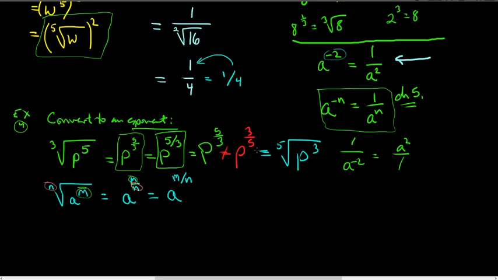So p to the 3 over 5 is really the fifth root of p to the 3, which is not the same as the cube root of p to the 5. So yes, be careful you don't flip your fraction, because that would be essentially switching the m and the n around. You don't want to switch these around, because usually that gives you something different.